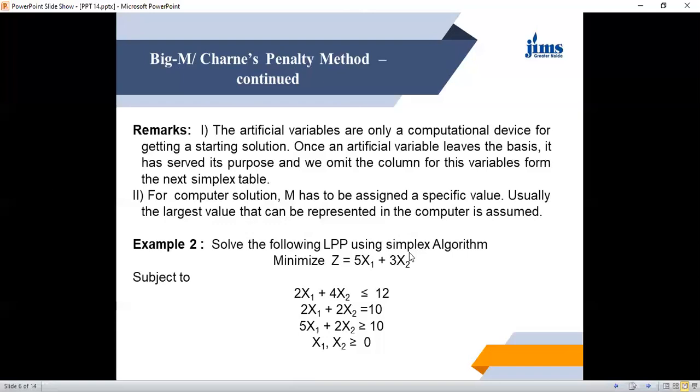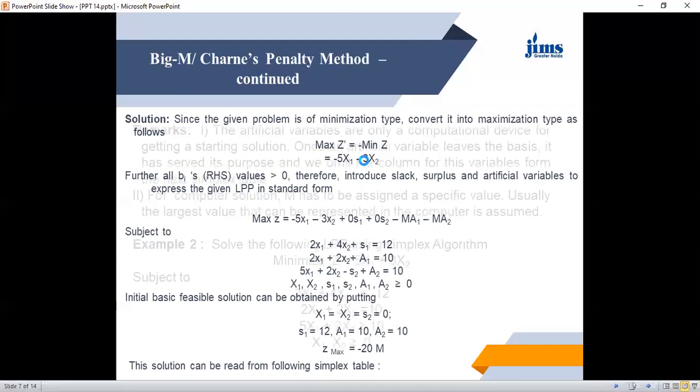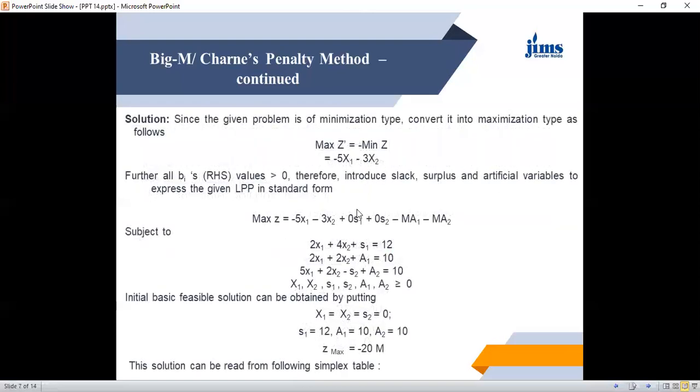So minimize z = 5x1 + 3x2 will become maximize z prime, equal to minus minimize z, or minus 5x1 minus 3x2.